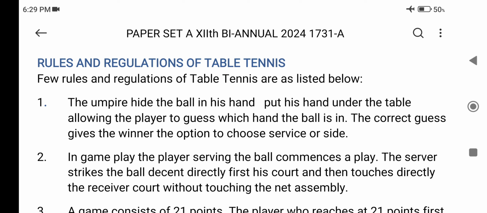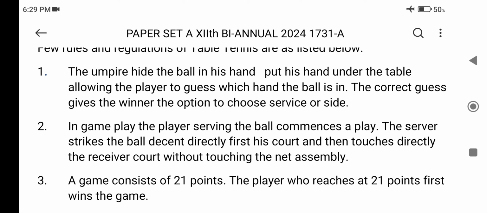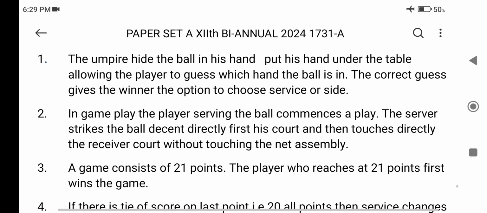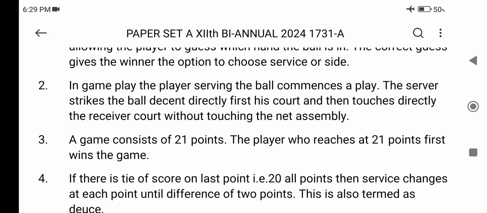A few rules and regulations of table tennis are as listed below. Number 1. The umpire hides the ball in his hand, puts his hand under the table, allowing the player to guess which hand the ball is in. The correct guess gives the winner the option to choose service or side.